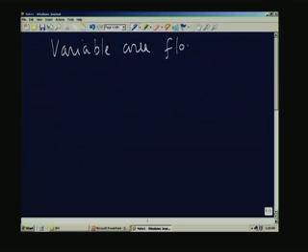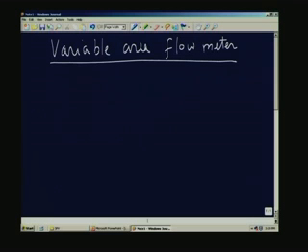Basically what we do is we assume that the flow is that of an ideal fluid, that means there is no viscosity, and then we look at the flow through a tube of variable cross section or variable area for the flow, and assume that the flow is one dimensional and steady.